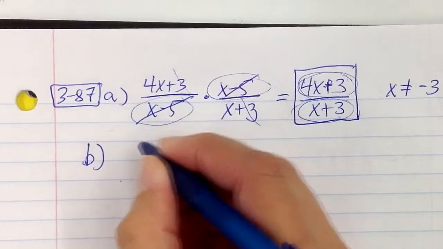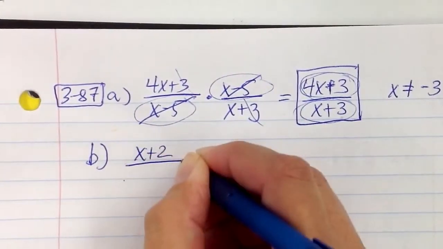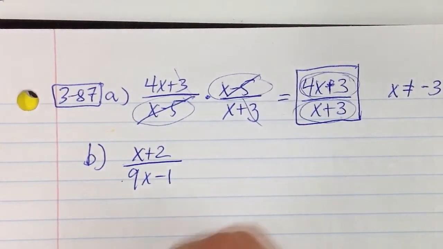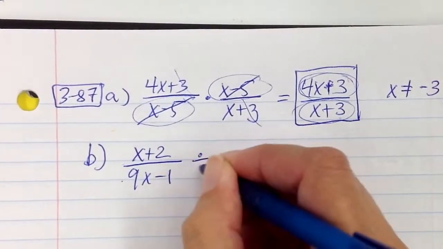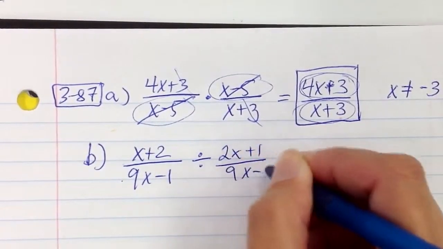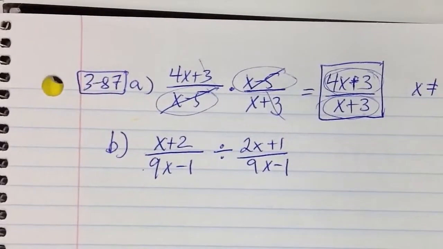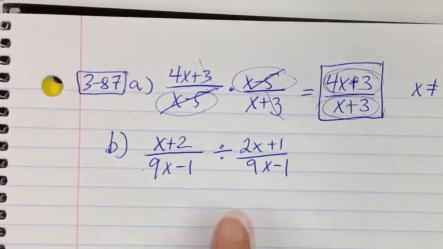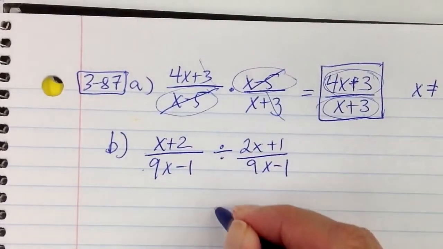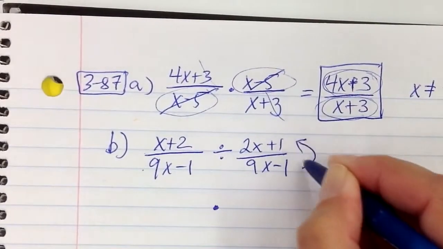Now look at B. x plus 2 divided by 9x minus 1, divided by 2x plus 1 over 9x minus 1. Division problem. First thing we should do with all divisions of fractions is change it to multiplication and flip it over, right?